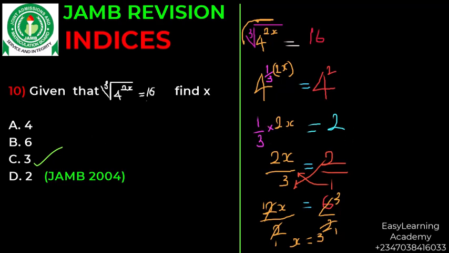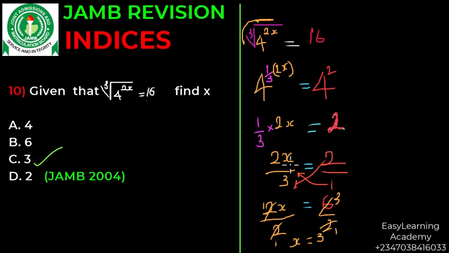Having equated the powers, 1 times 2x is 2x, and then 3 times 1 is 3, all over 2 over 1.